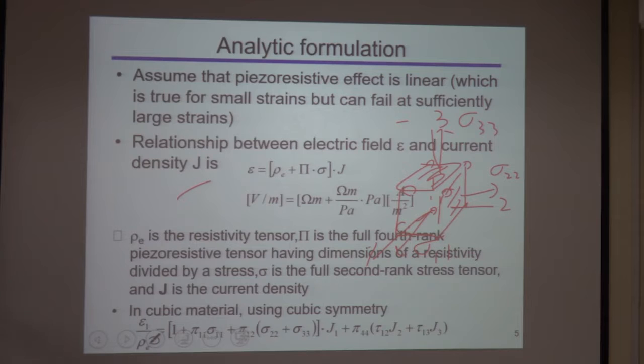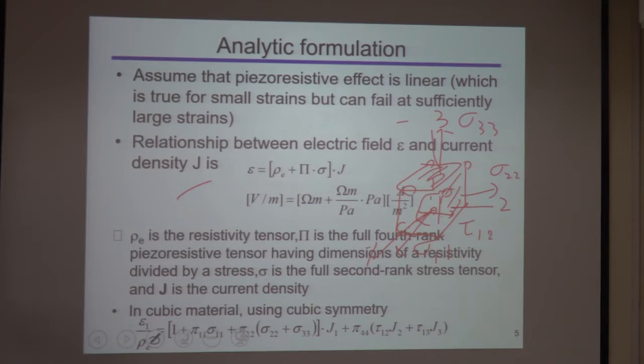So if we have a shear force on this surface, but pointed in the 2 direction, this shear force divided by the area, we get shear stress. We use tau 1, 2. The first subscript means the normal surface.